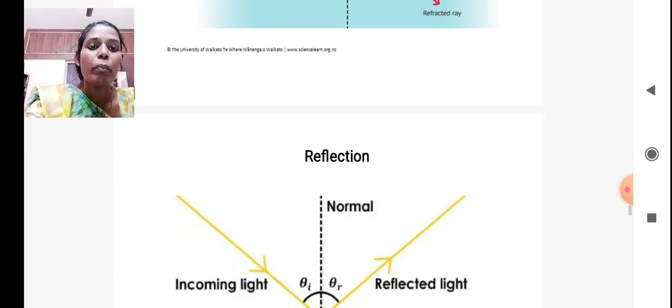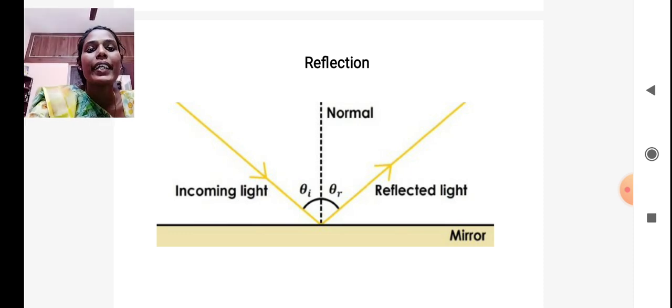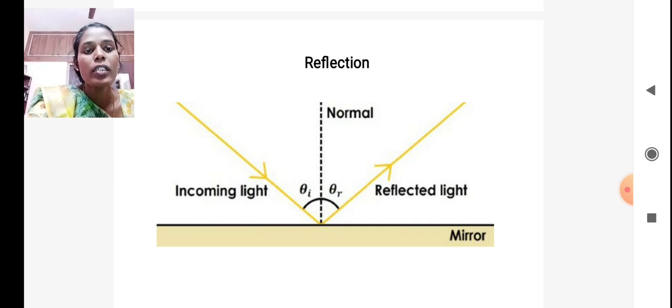The next important phenomenon is reflection of light. Here the light named as incoming light, the yellow line, after it is incident on an interface, bounces back and returns to its own medium.